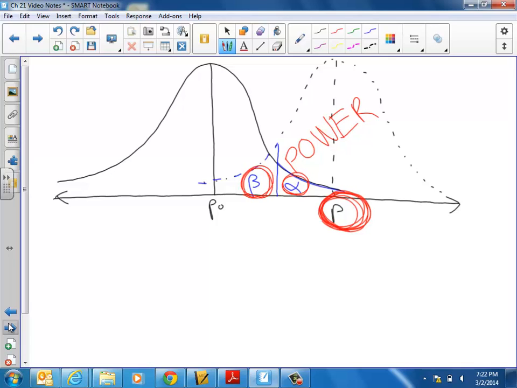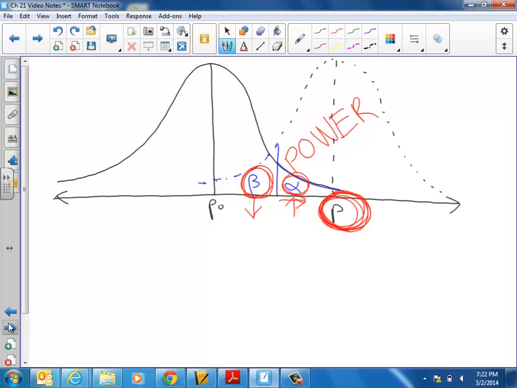Alpha and beta are interrelated this way. As you increase alpha, your significance level, the probability that you commit a type 2 error drops, right?